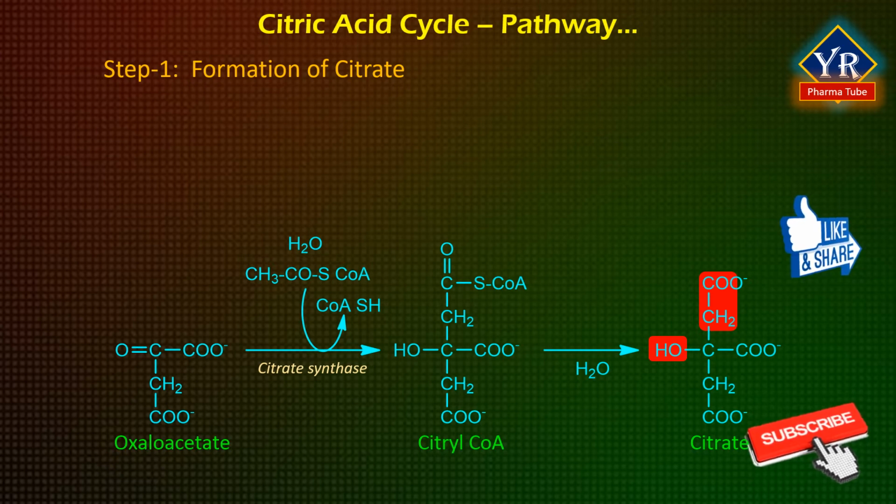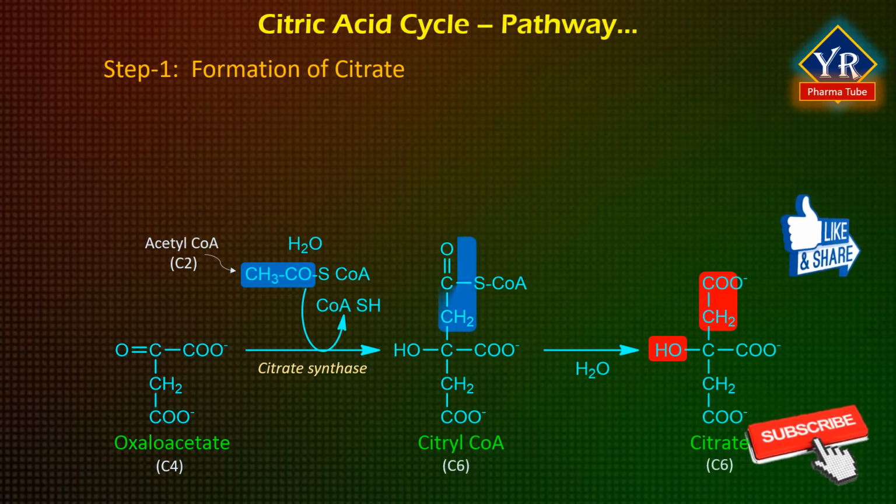The citric acid cycle begins with the transfer of a 2-carbon acetyl group from acyl CoA to the 4-carbon acceptor compound, that is oxaloacetate, to form a 6-carbon compound, that is citrate, via Citryl CoA.